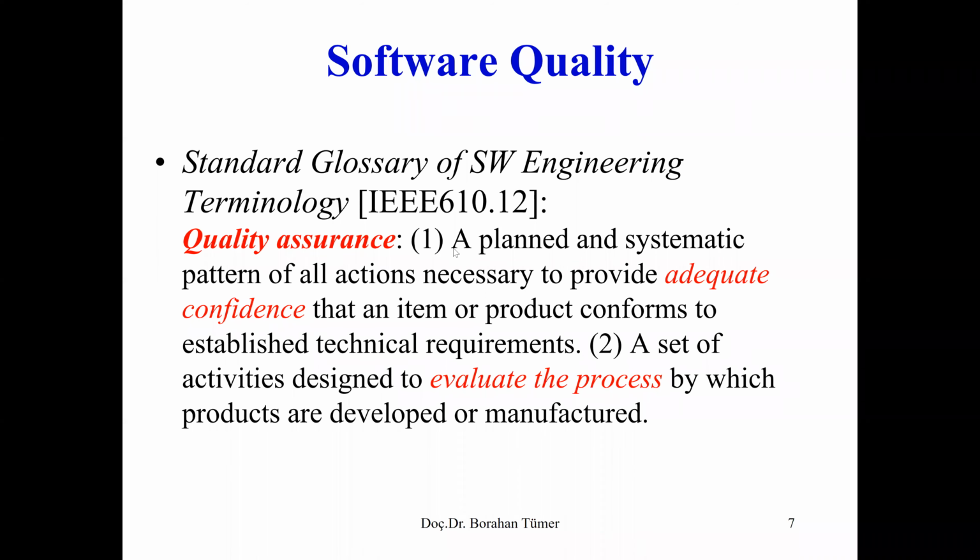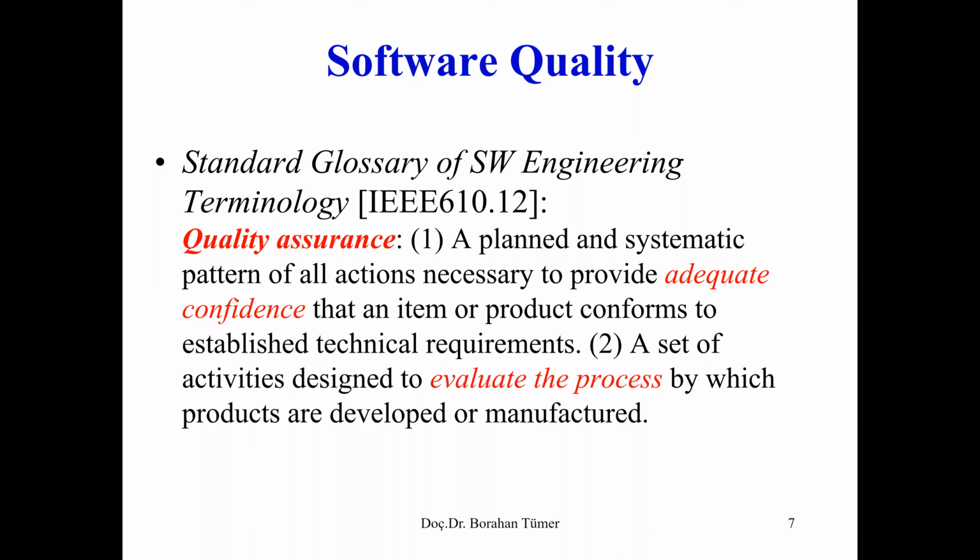The first portion says that it is a planned and systematic pattern of all actions necessary to provide adequate confidence that an item or product conforms to established technical requirements. So, quality assurance describes a set of actions, and this set of actions is planned and bears a systematic pattern.